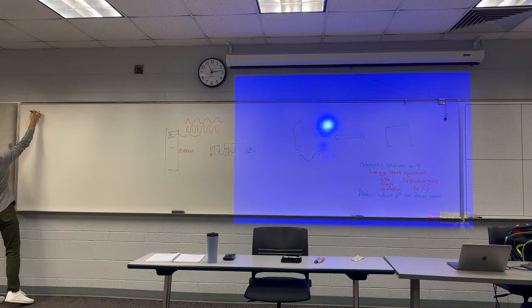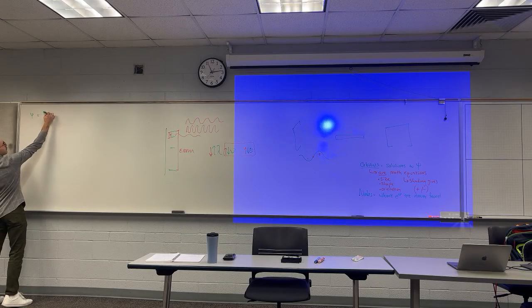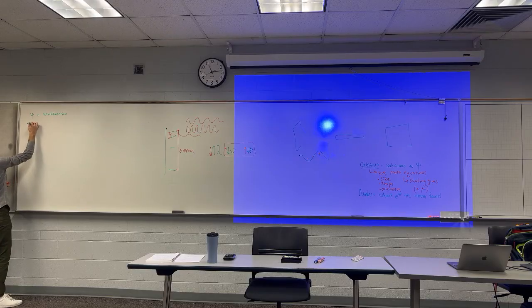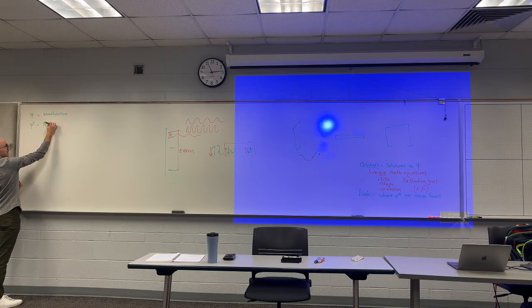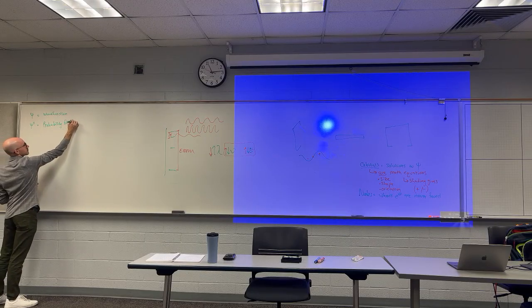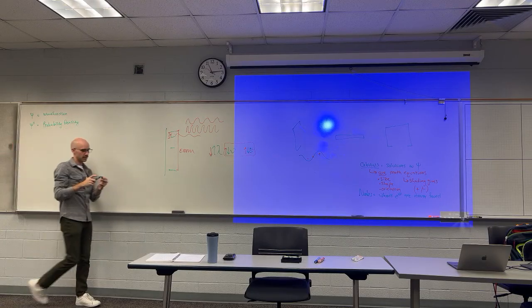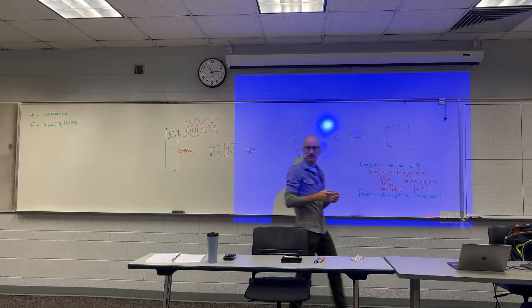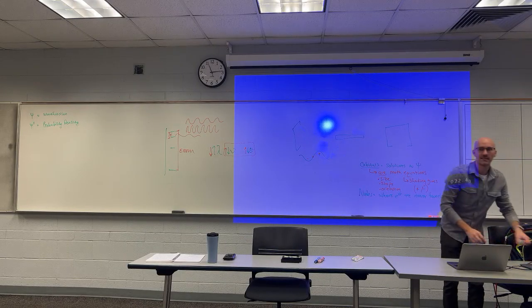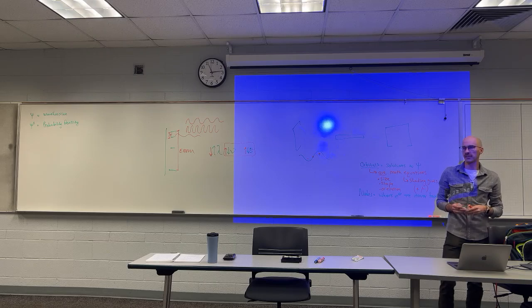Psi is the wave function, but psi squared is the probability density. Just how likely an electron is to be emitted. At any given spot, how likely is it that you find your electron?